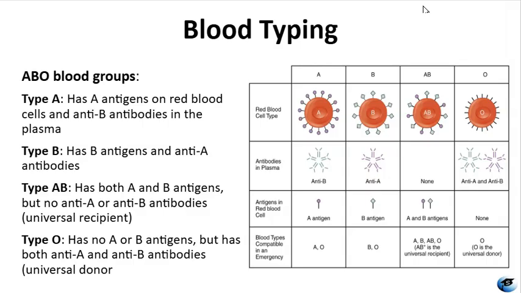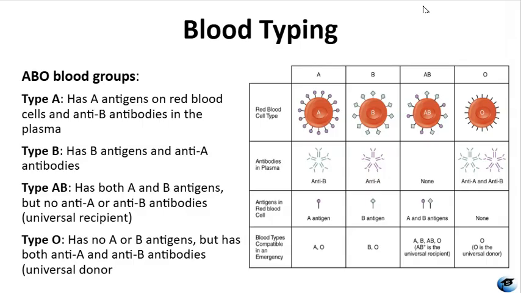Type AB blood has both A and B antigens on the surface of the red blood cells, but importantly, it does not have any anti-A or anti-B antibodies in the plasma. And because of this, people with type AB blood are known as universal recipients, which means they can receive a blood transfusion from any ABO type without any immune reaction.